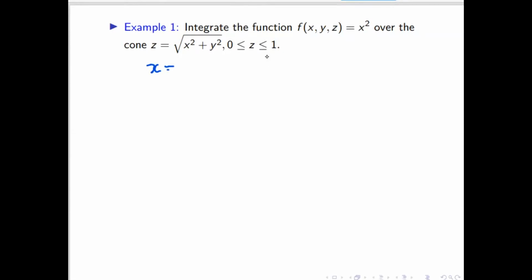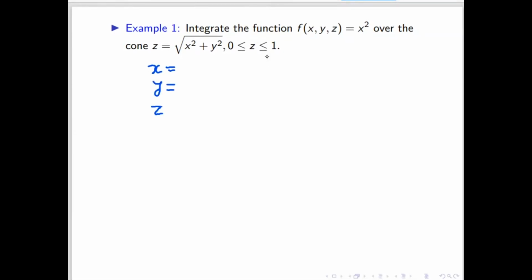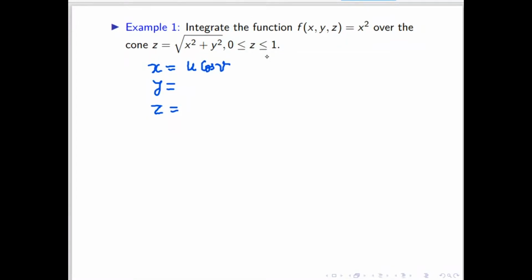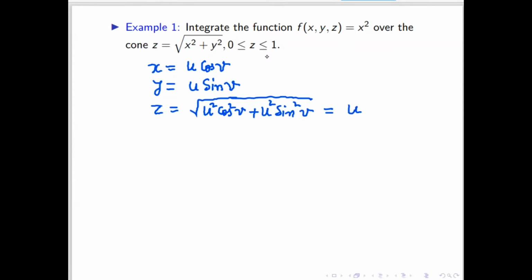I am writing in terms of u and v: x equals u cos v, y equals u sin v, and if you put x and y into the cone equation, the value of z will be the square root of u square cos square v plus u square sin square v, which gives just u. z is between 0 and 1. What is the domain of u and of v? u from 0 to 1, v from 0 to 2 pi. This is the limit of integration.